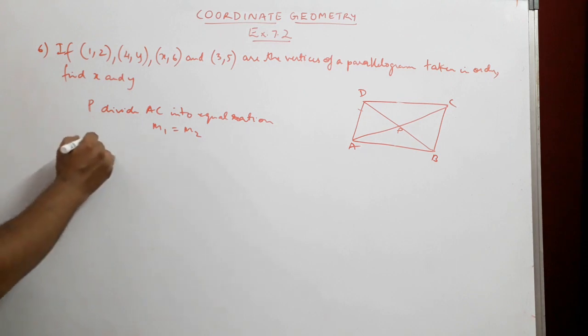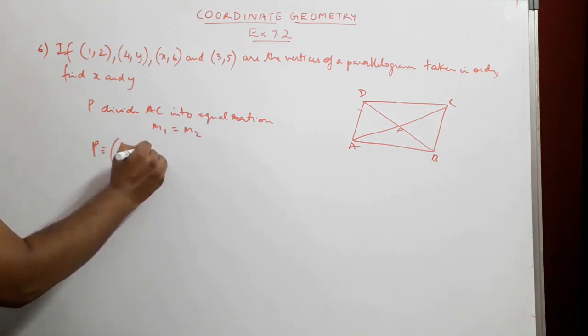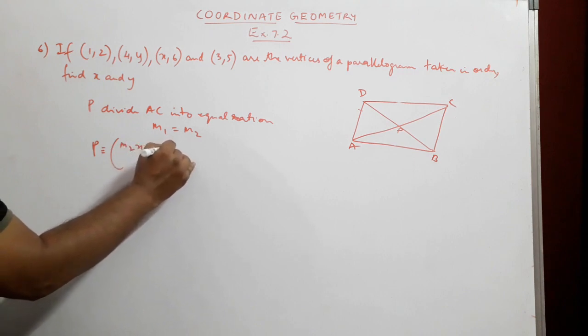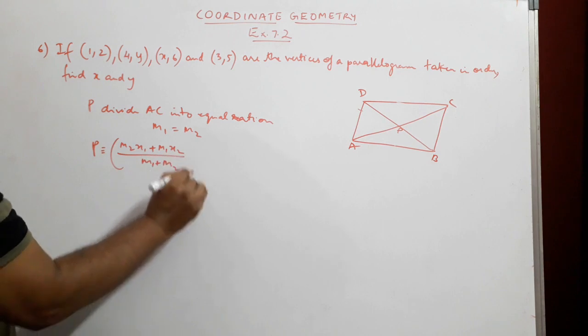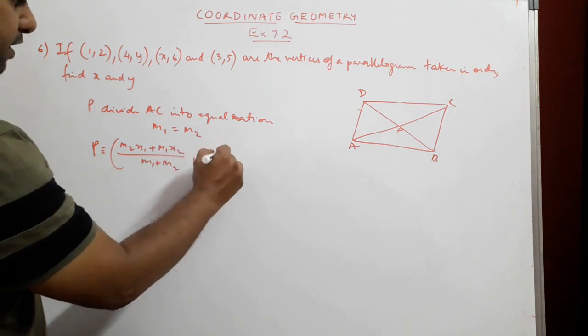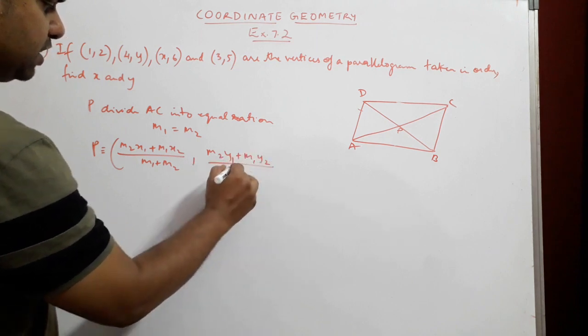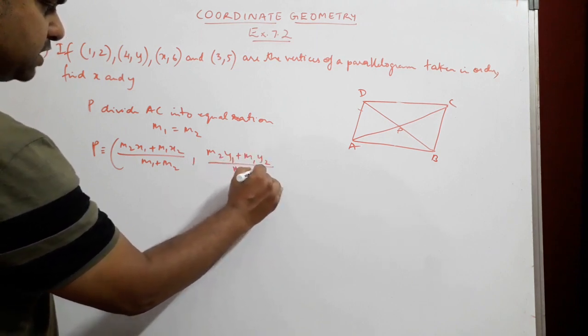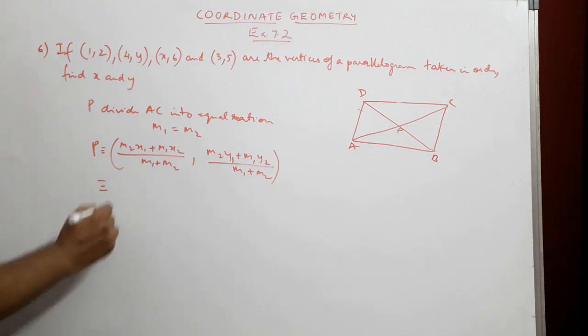In that case our section formula, (m2 x1 plus m1 x2) upon (m1 plus m2) and (m2 y1 plus m1 y2) upon (m1 plus m2), will change slightly.